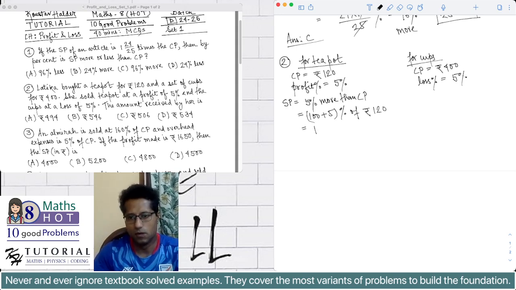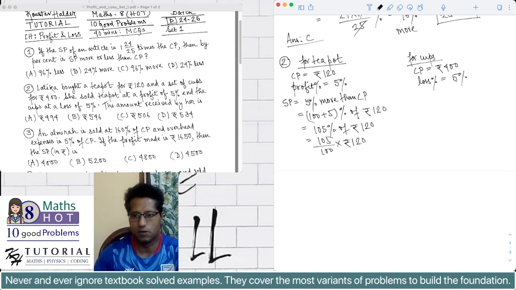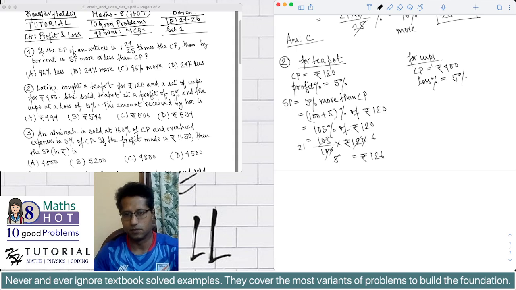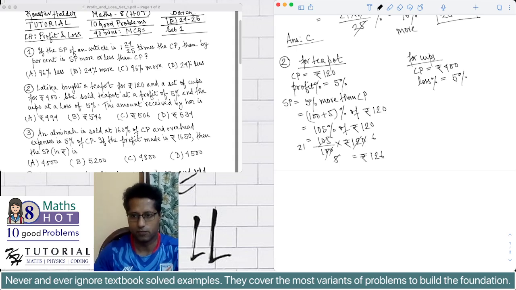This is equal to 105% of rupees 120, which is 105 divided by 100 multiplied by rupees 120. How much is this? The 0s cancel out. 2 5 2 6 and 5 21. So this is equal to rupees 126. The selling price for the teapot is rupees 126.